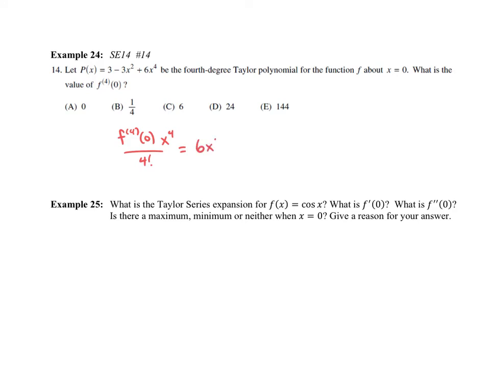So we're looking at 6x to the fourth. The x to the fourth can cancel. So we're left with the fourth derivative at 0 equal to 6 times 4 factorial. So that 4 factorial would be 4 times 3 times 2, which is 24, times 6 would give us 144.